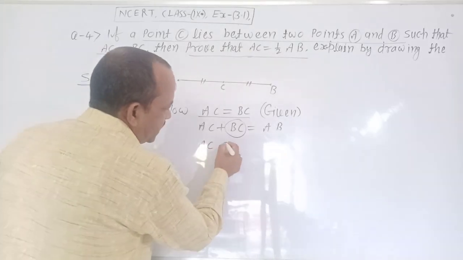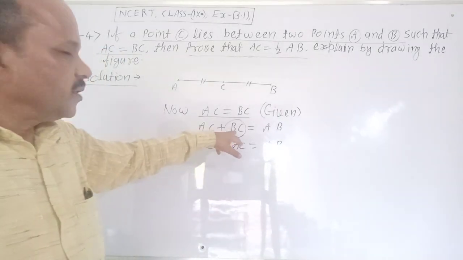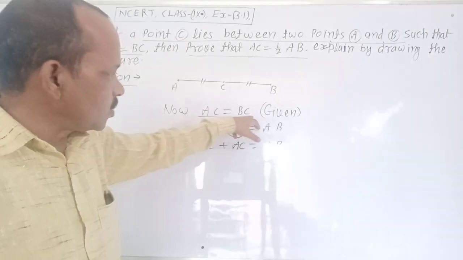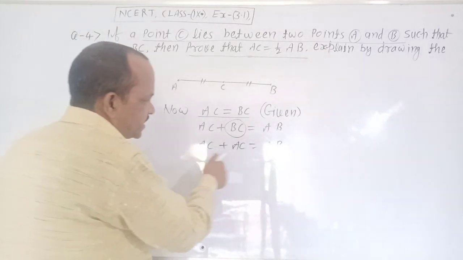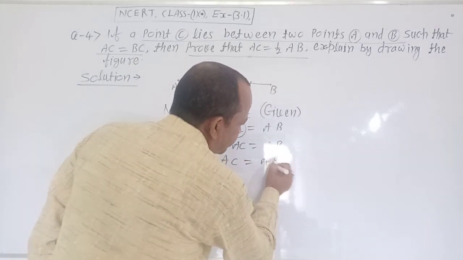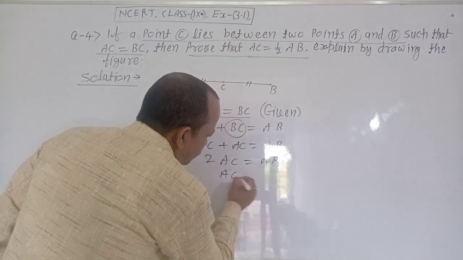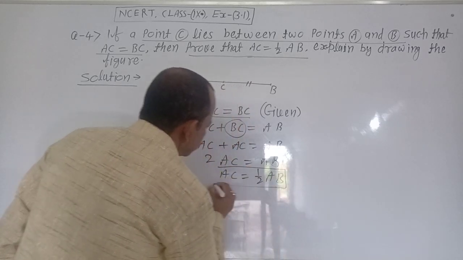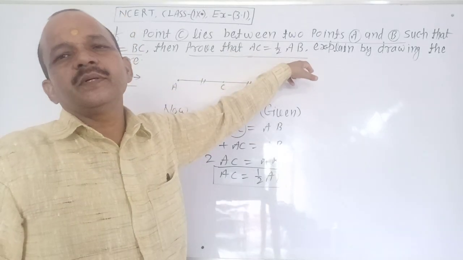Here AC plus AC equal to AB. Here you write AC in the place of BC because AC equal to BC. It is clear, no confusion about it. Very good. Here AC plus AC become 2AC. 2AC equal to AB. AC equal to half AB. You prove AC equal to half AB. Proved.